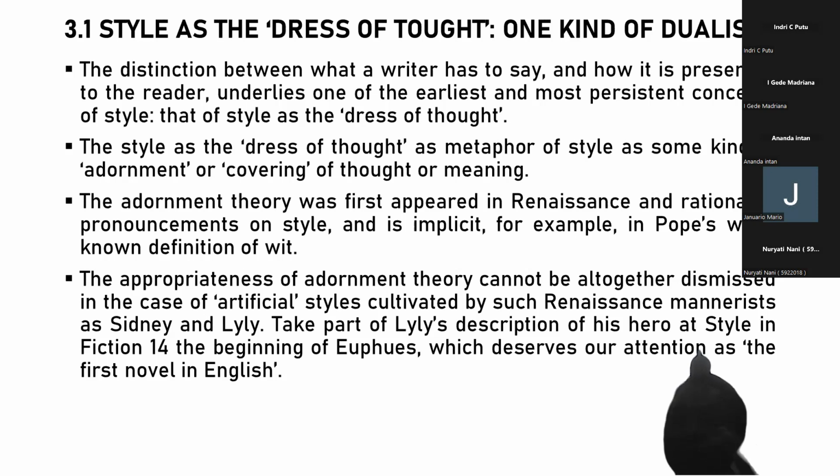It functions to cover the thought or the meaning that the writer wants to represent to the reader. The adornment theory first appeared in Renaissance and Rationalist pronouncements on style and is implicit, for example, in Pope's well-known definition of wit. So the adornment of style first appeared in the Renaissance age and rationalist pronouncements on style.